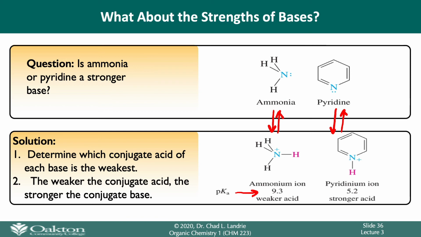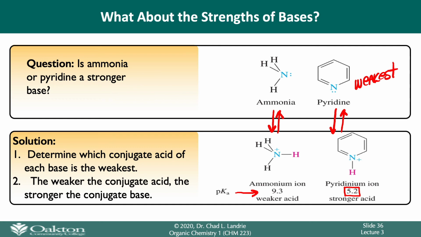Let me say that again. The stronger the conjugate acid, the weaker the conjugate base. So if I look at the conjugate acids at the bottom, the pyridinium ion, for whatever reason, is the strongest conjugate acid, has the lowest pKa. And that means that pyridine, its conjugate base, is the weakest when comparing these two.